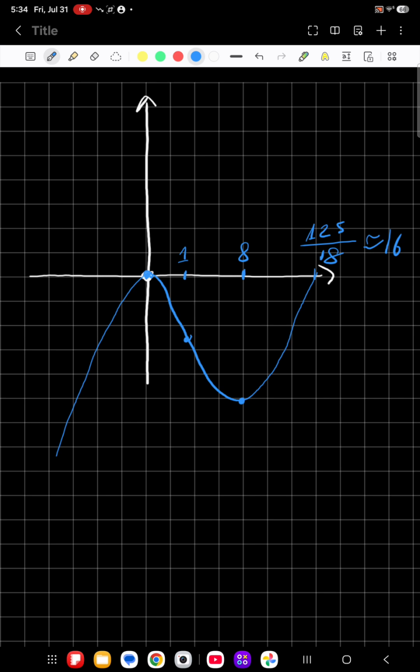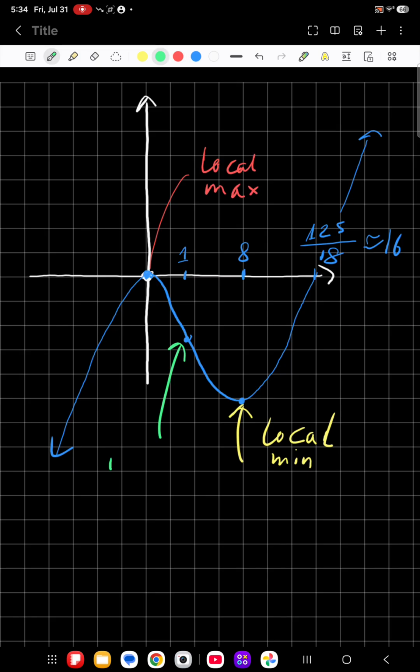Then we have the x-intercept, and the graph continues up there. Okay, so this is local minimum, local maximum, and this is the inflection point. Okay, yeah, so that's the graph.